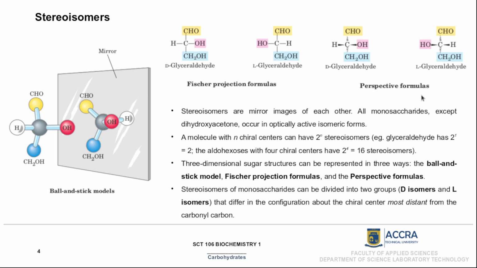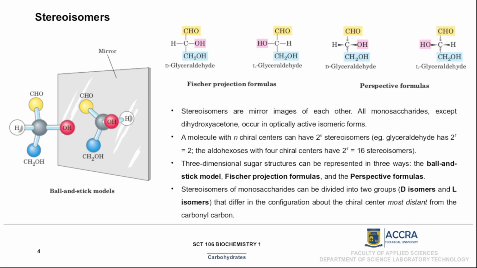So for instance, if you are looking into the mirror and you imagine yourself to be a molecule, both yourself and your image are mirror images of each other. You and your image are stereoisomers.